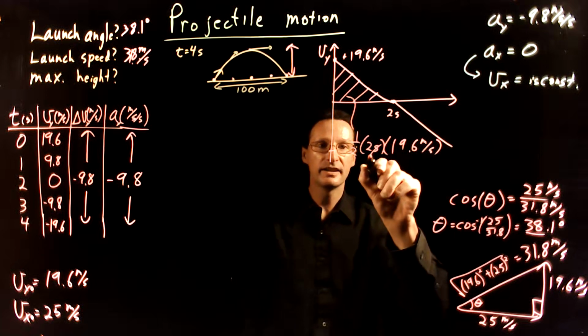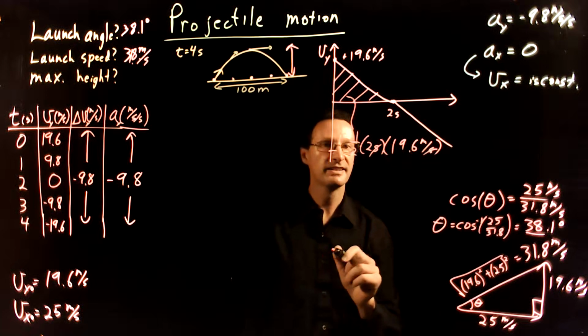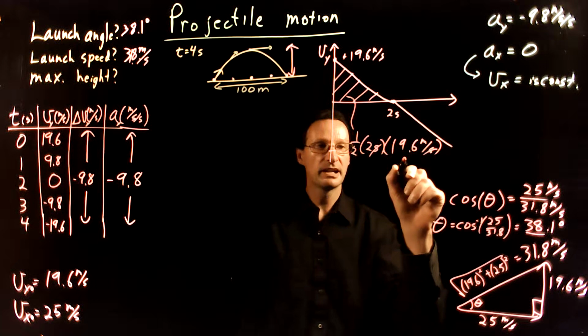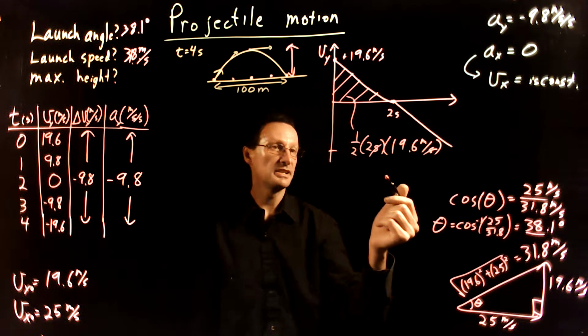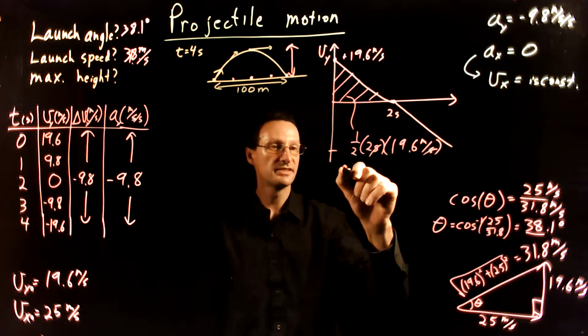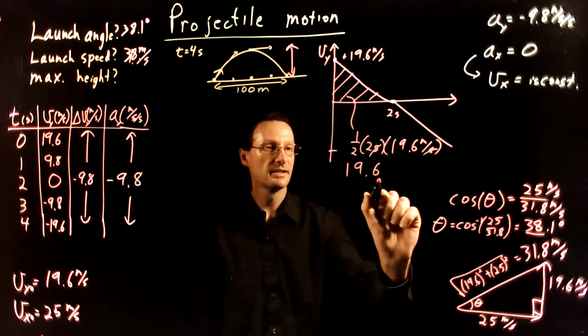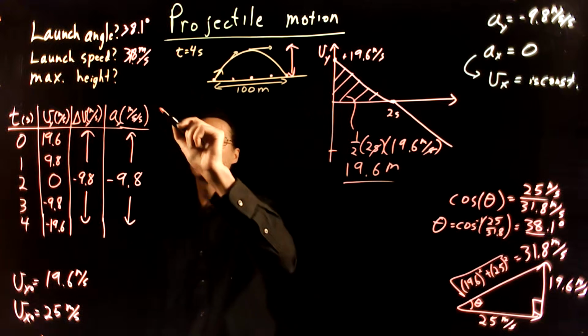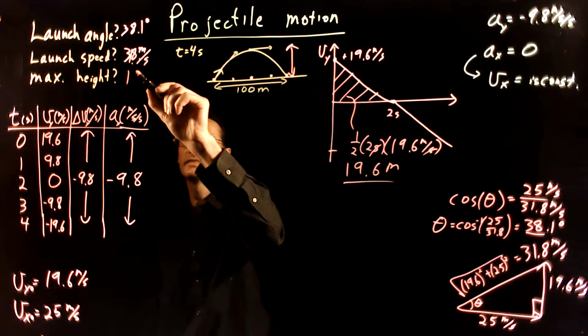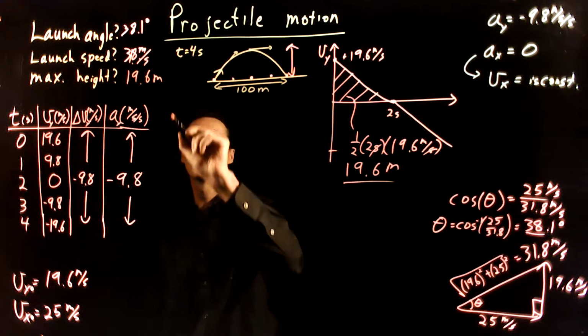You notice again the units cancel here. I love to do that. And I get half times 2 times 19.6. Well, a half times 2 is going to be 1 and 19.6. So this is going to give me 19.6 meters as the displacement. So the maximum height is 19.6 meters from the ground.